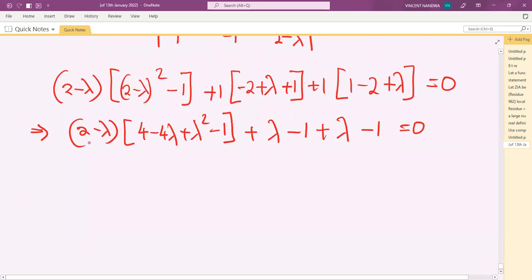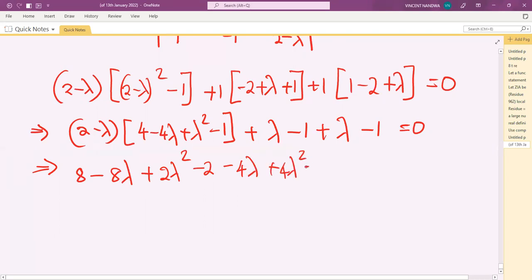Opening brackets will give me 8 minus 8 lambda plus 2 lambda squared minus 2 minus 4 lambda plus 4 lambda squared minus lambda cubed plus lambda plus 2 lambda minus 2 equals 0.